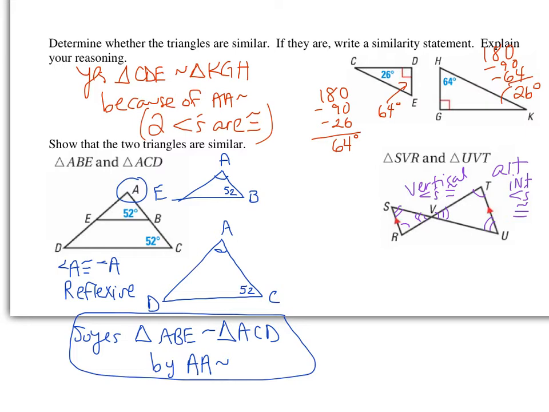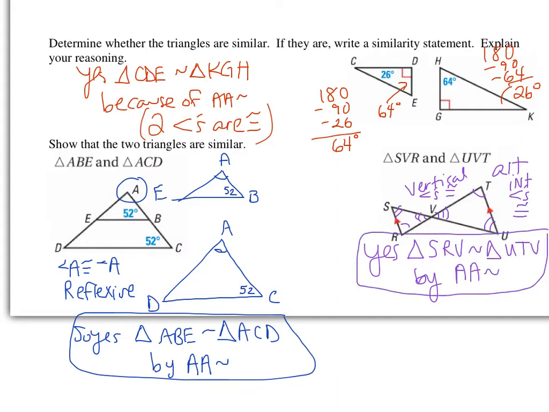So really all 3 angles are the same, so because of that, we can say yes, triangle SRV is similar to triangle UTV by angle, angle similarity. Just like we did before for congruent triangles, you do need to line up each of the letters together.